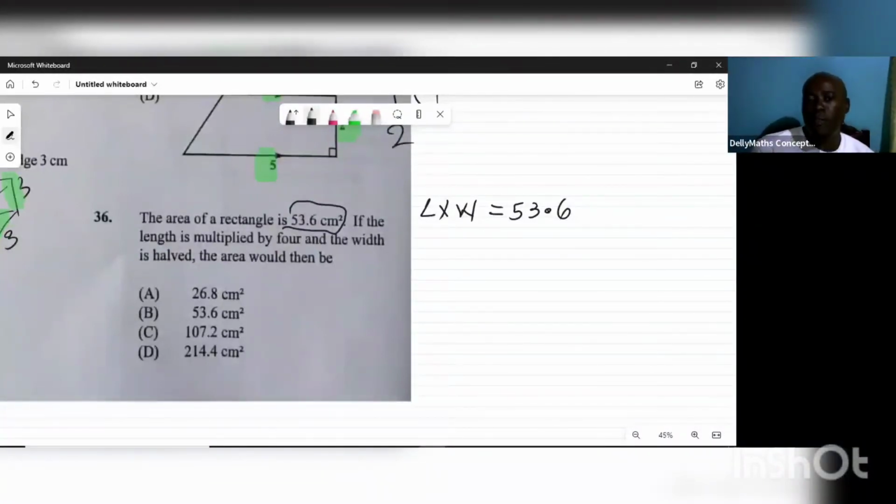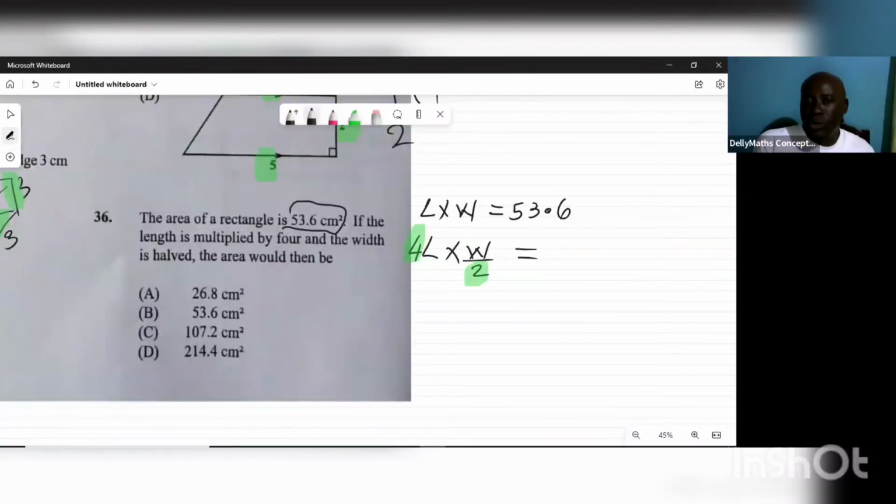Then the instructions say the length is multiplied by 4, so now we're getting 4L. And the width is halved, so we're getting W over 2. So if we multiply the length by 4 and divide the width by 2, what will be the new area?